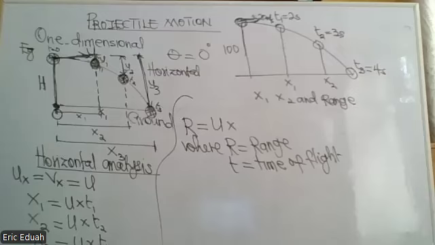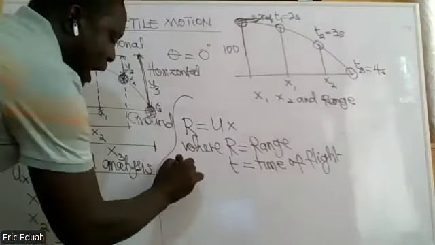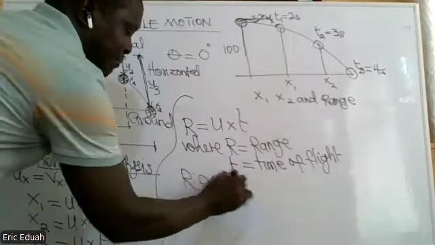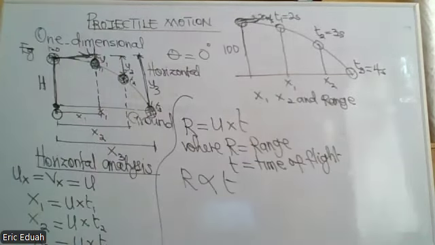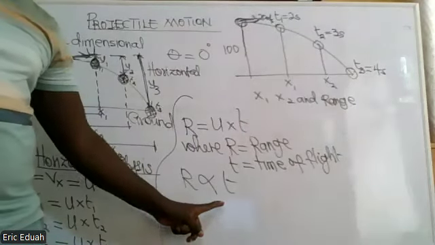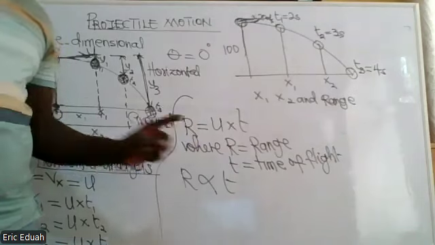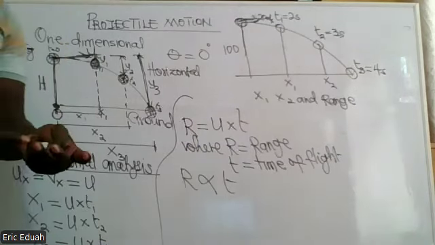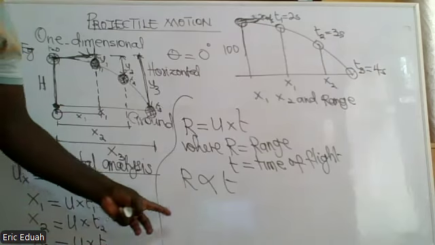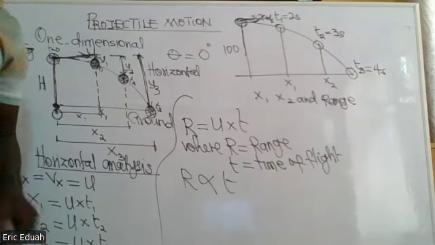So we realize that the horizontal distance depends on the time. R is directly proportional to the time. Because u is constant, it only depends on the time. When the time increases, R will also increase. So displacement depends on time. Velocity is constant.